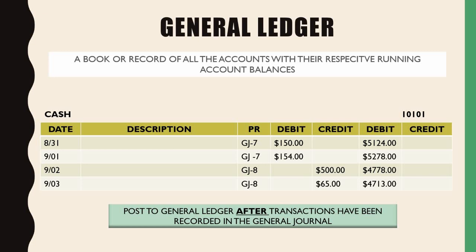So it's a list of every single account that you have with the respective account balances. And here's the difference. They look identical to a general journal except one difference. There's 2 extra columns on the side that gives you your account balance. Okay, that's the difference here. And when we learn about the accounting cycle, once you complete the journal, your job is to post it to the ledger. So then at any given time, you know how much account balance you have at all times.